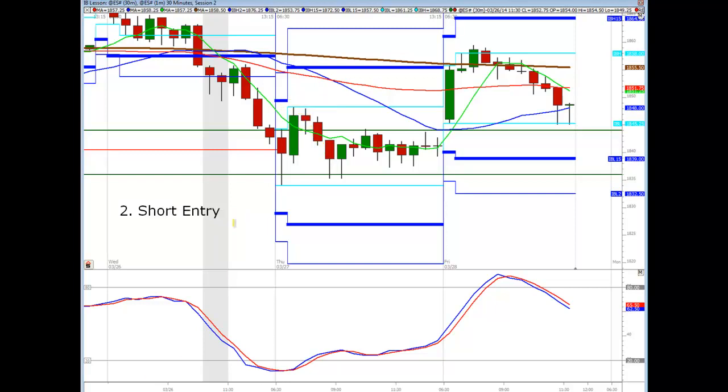All right. You could also take the short entry, which we talked about. Once this becomes apparent, you would be able to short, and I would short the minute that we take out the low of this candle. I would enter at the best price that I could get and take it all the way down.